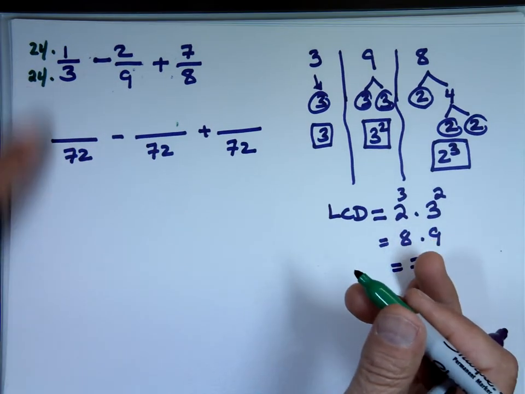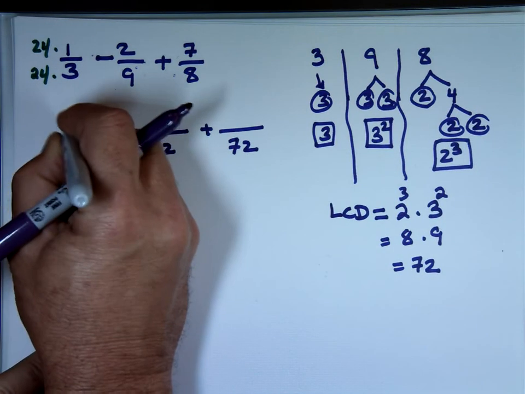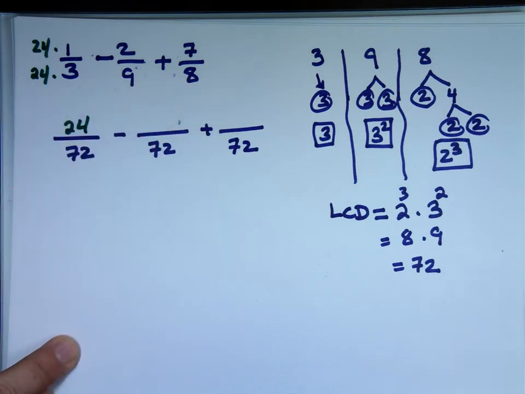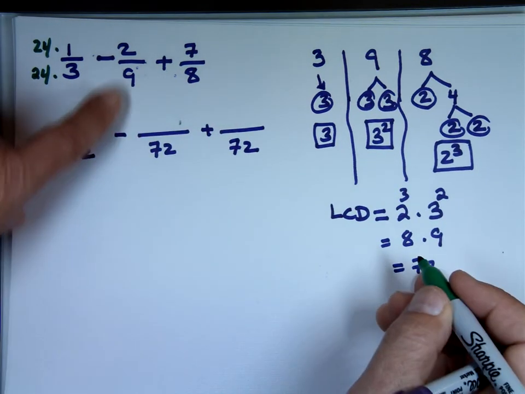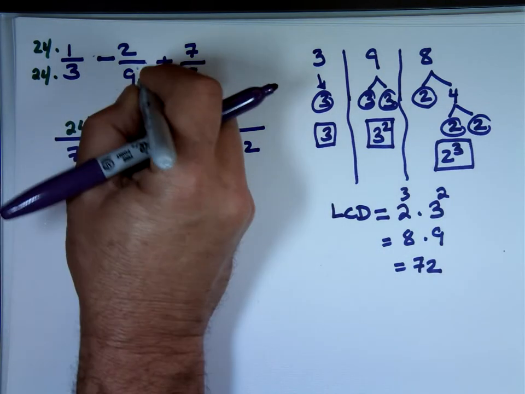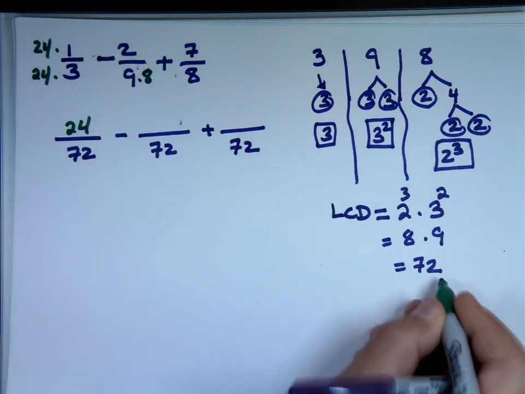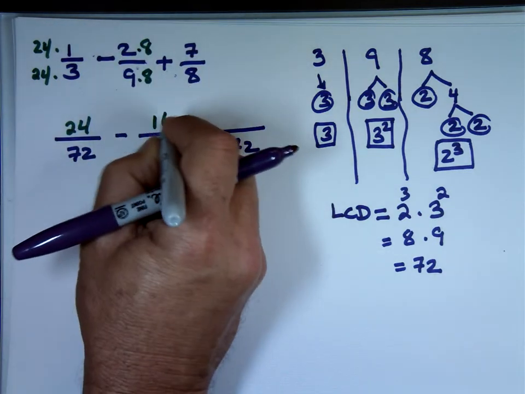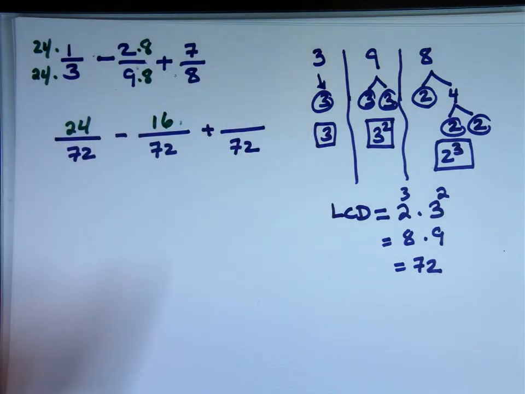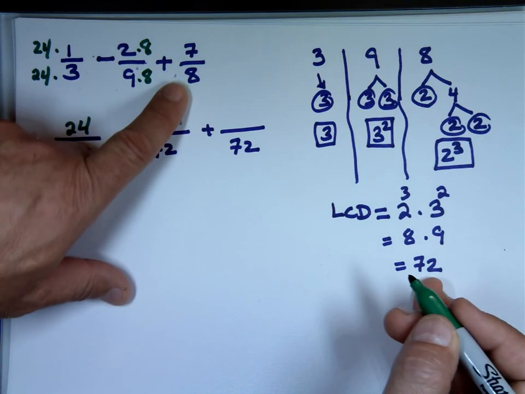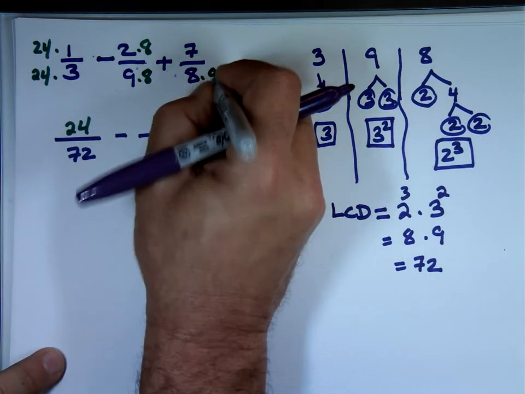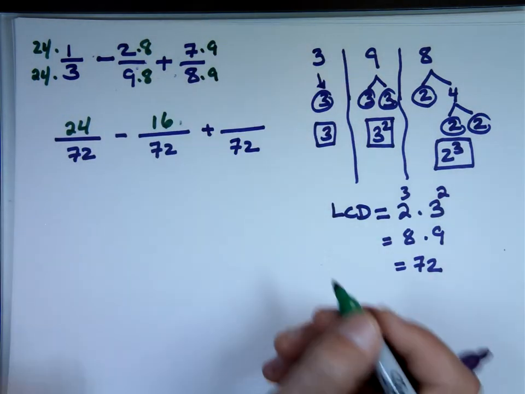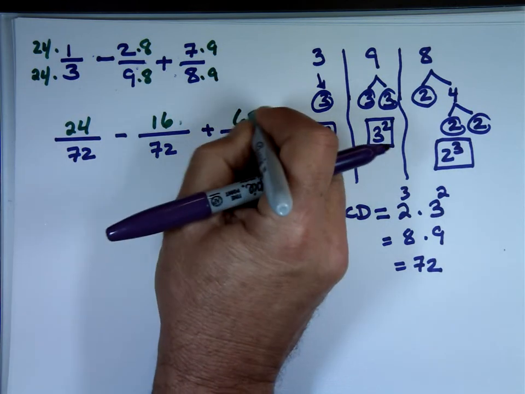So 24 times 1 is 24. 72 divided by 9, that should be an 8, right? So 9 times 8 is 72. What's 2 times 8? 16. 72 divided by 8 is 9. 9 times 7, 63.